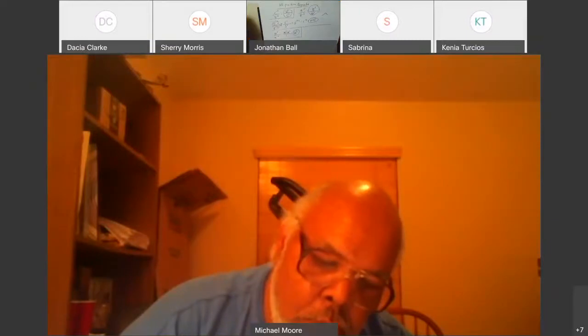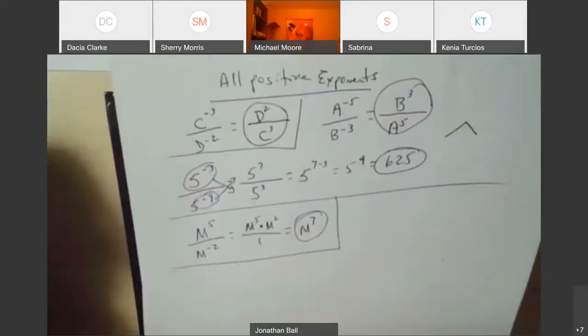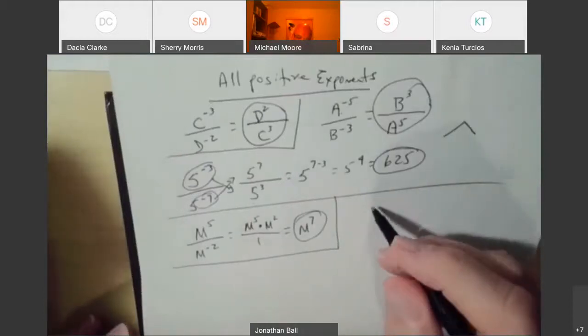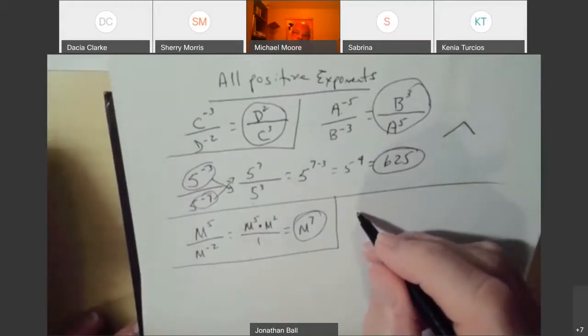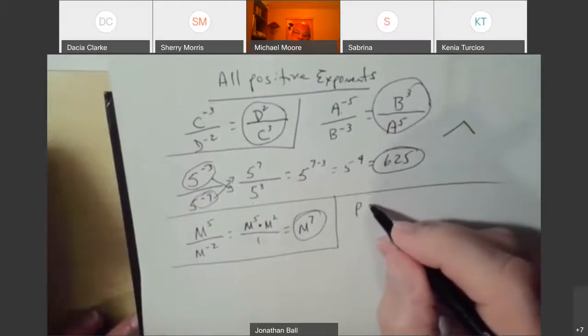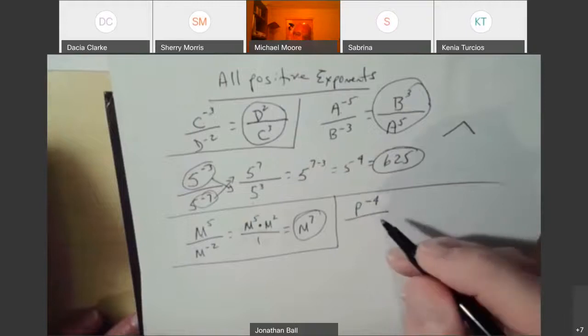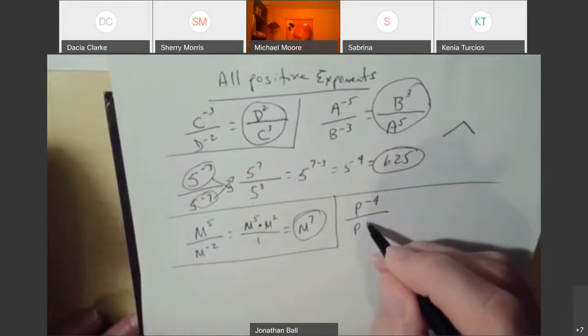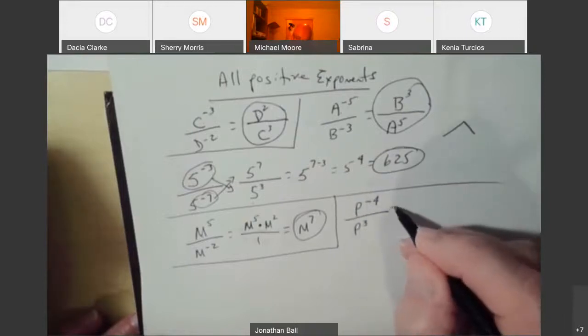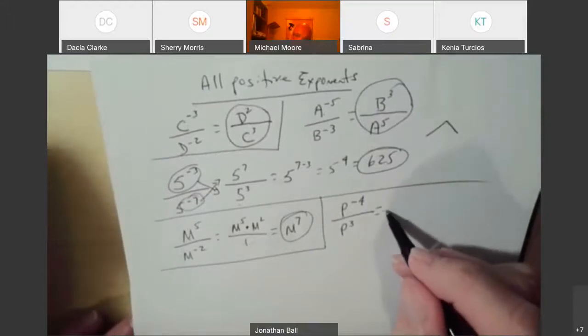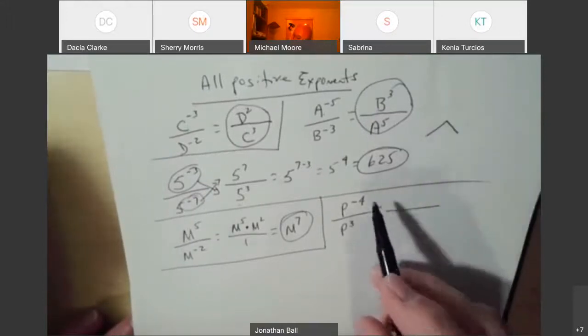Let me do another one of those. If we have p to the minus 4 over p cubed. Draw the fraction bar.